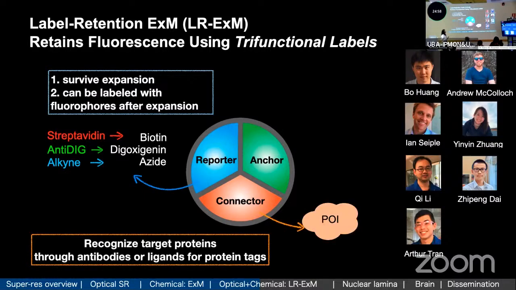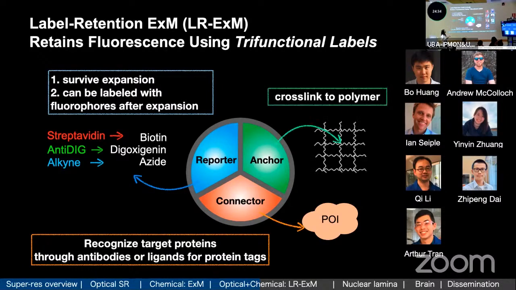The second group is the connector. We need to bind this trifunctional linker onto the target protein through either antibodies or a ligand that can recognize your protein tags, for example, SNAP-tag, CLIP-tag, or Halo-tag. So this functional group brings the trifunctional linker onto your protein of interest.